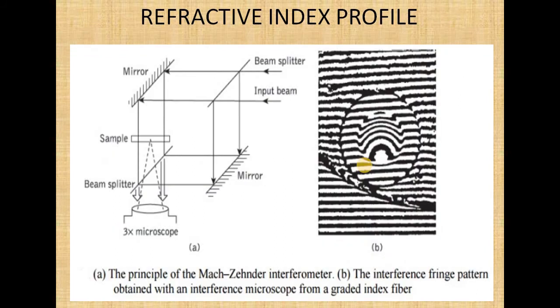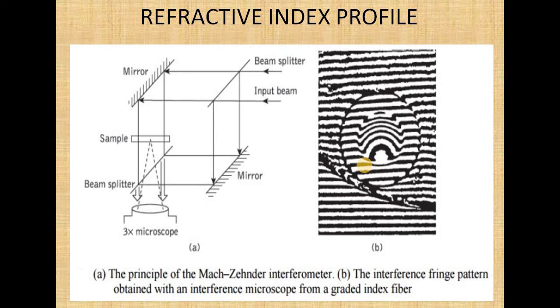Next we are going to discuss the refractive index profile measurement. This is a very important parameter in order to characterize the properties of the optical fiber. Using this refractive index profile, we can calculate the numerical aperture and the number of modes that can be propagated within the core of the fiber.